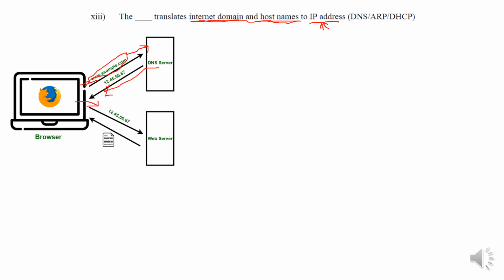Then you see google.com, the home page of Google. Now here we should know one more thing, that the browser sends the domain name to the DNS server and it receives the IP address.